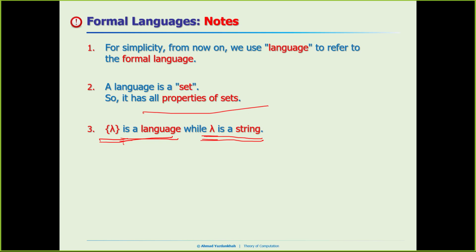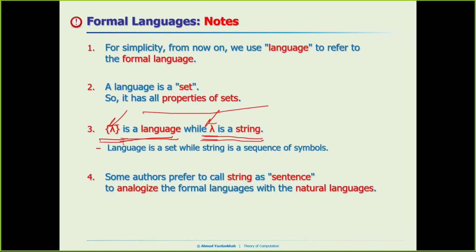So this is a string, this is a set, a language, two different things. And the fourth note: some authors, as I said, prefer to use the word sentence as a string. I use both, but the majority of the time I will be using string, not sentence.